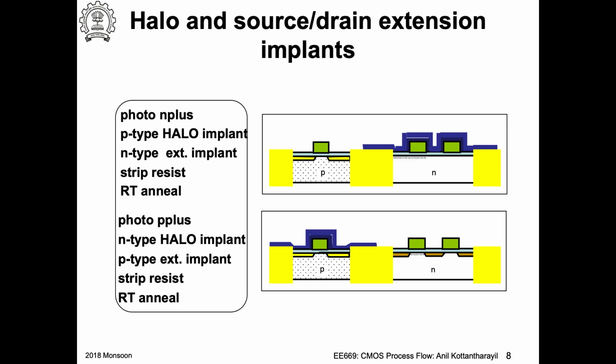Now, the problem with that is that my annealing should not cause too much diffusion of boron, because that would diffuse faster than arsenic. So I would really like to do a low temperature, very short annealing, but that may not be sufficient to remove the damage created by the arsenic implant on the N-channel transistors.